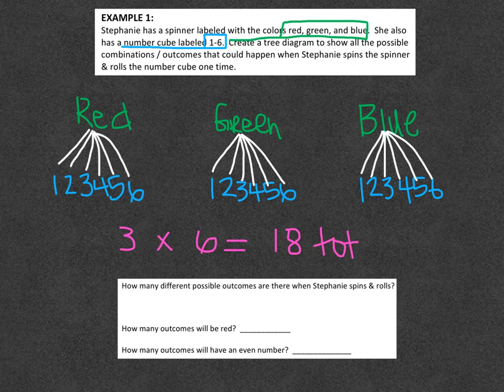So 3 times 6 is 18. Now if I'm just counting, this is how I get it. 1, 2, 3, 4, 5, 6. I have 6 here, plus another 6 here, plus another 6 here. So 3 groups of 6 is 18.